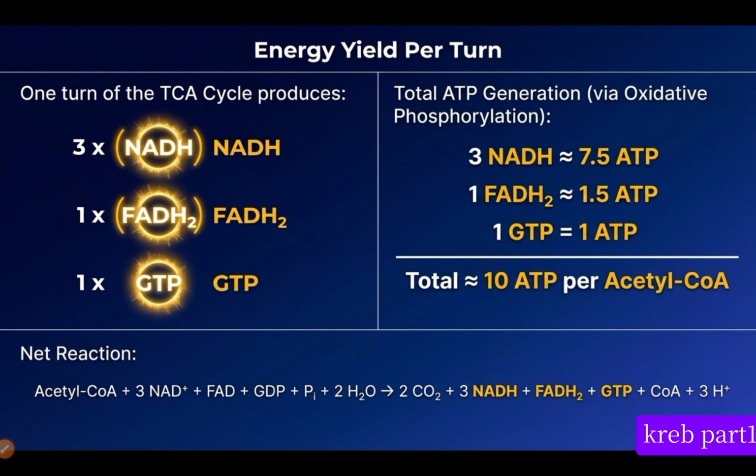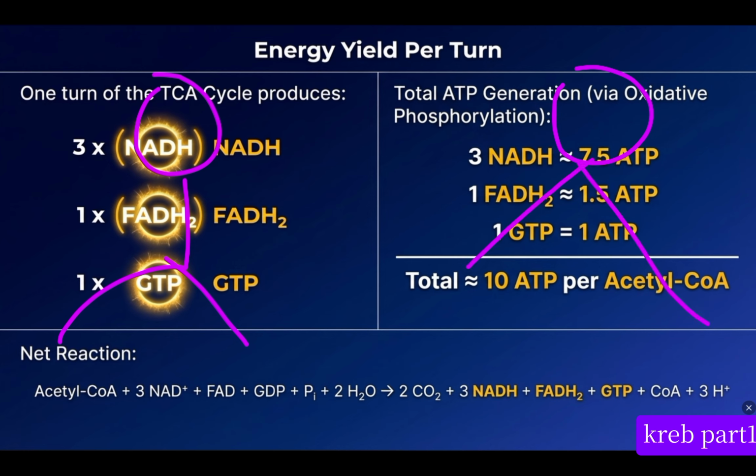So this brings to our notice that 1 glucose yields 2 pyruvates, 1 pyruvate here and 1 pyruvate here. This 1 pyruvate will enter and produce its acetyl-CoA, and this pyruvate will enter and produce this acetyl-CoA.